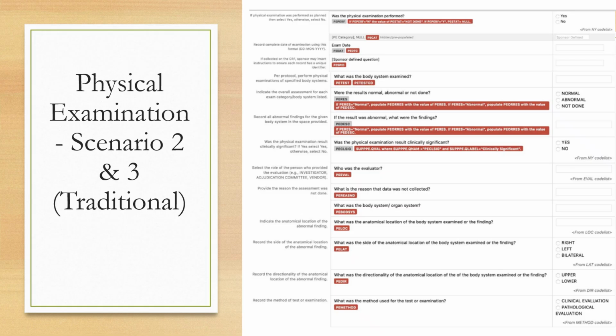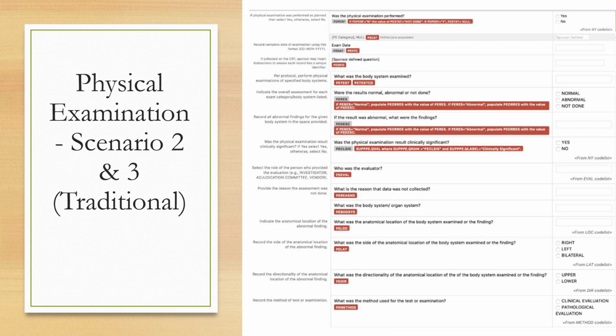We can also see in some studies, depending on the sponsor's requirement, if the sponsor chooses to keep the category of the physical examination question as a hidden or non-hidden question, then we will have the PECAT also. Otherwise, we might not have this question asked in the CRF form. It all depends on the discretion of the sponsor.